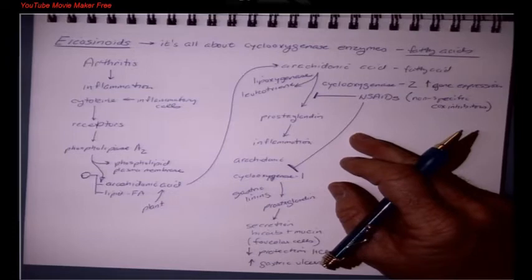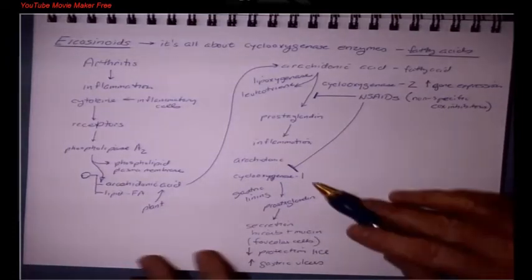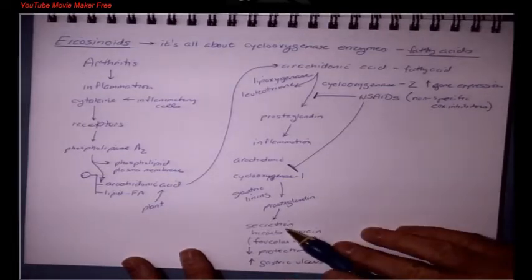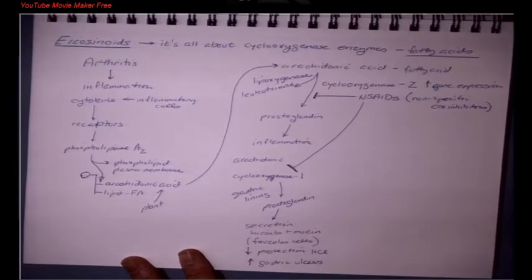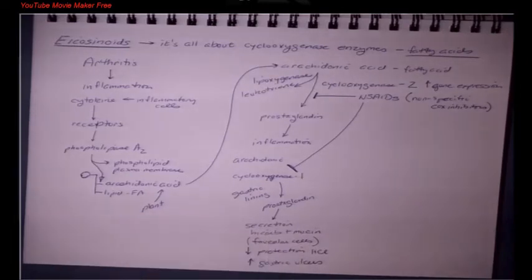But being on NSAIDs for a long period of time is going to inhibit this cyclooxygenase 1 and lead to these problems of a GI bleed. So when you hear about NSAIDs promoting GI bleeds, it's by this process right here, the decrease in protection of bicarbonate.